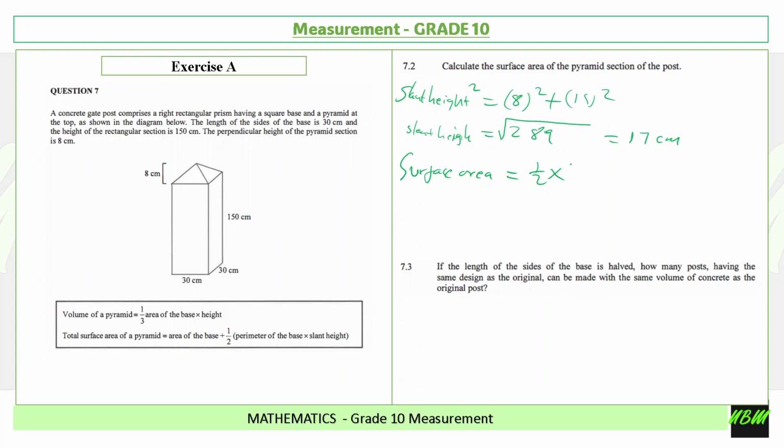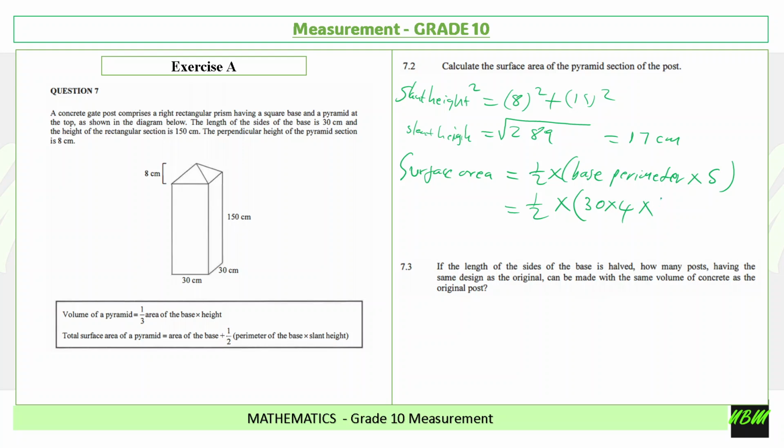Half multiplied by base perimeter multiplied by the slant height, which will be equal to half multiplied by our base perimeter. The perimeter of the base is 30 plus 30 plus 30 plus 30. We're adding 30 four times, therefore 30 multiplied by 4 multiplied by our slant height.